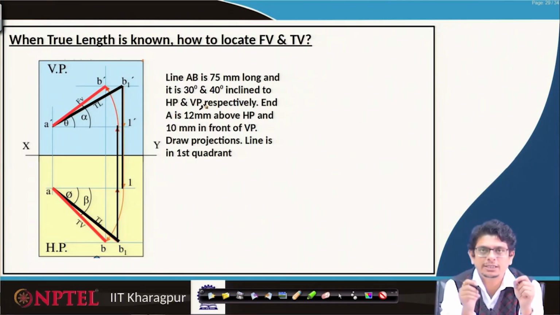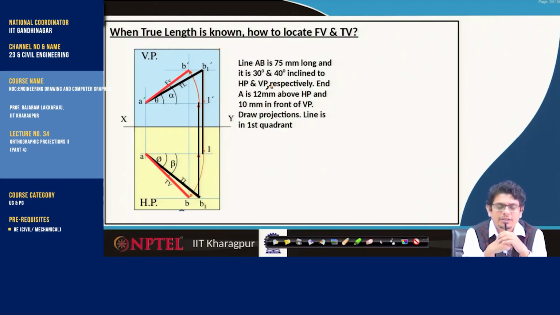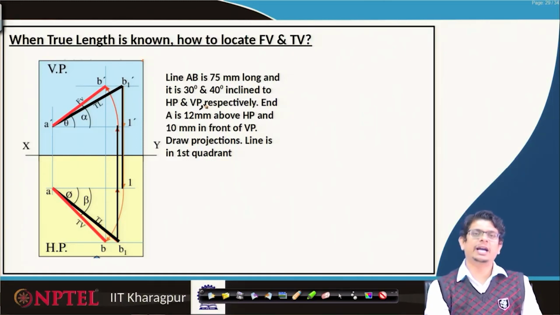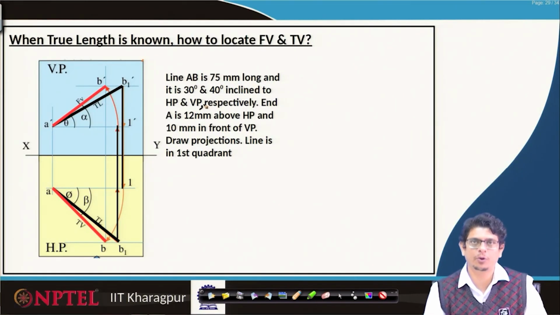First of all, visualize this point AB may be in the first quadrant, 12 mm above HP and 10 mm in front of VP. And this true line 75 mm, it can be in any direction from that point A, 75 mm, but it is supposed to make 30 degrees to horizontal plane and 40 degrees to vertical plane. That is the direction along which we will locate the point B.